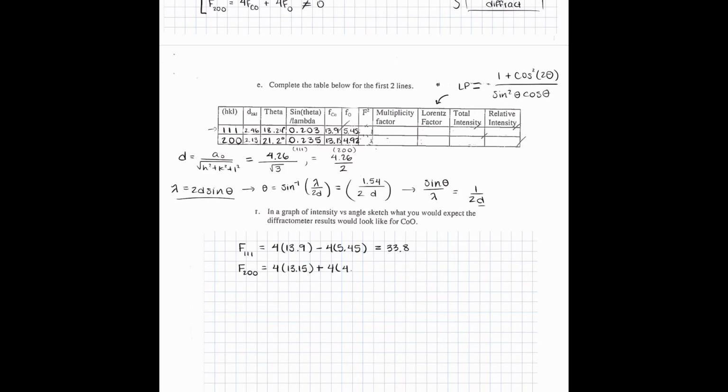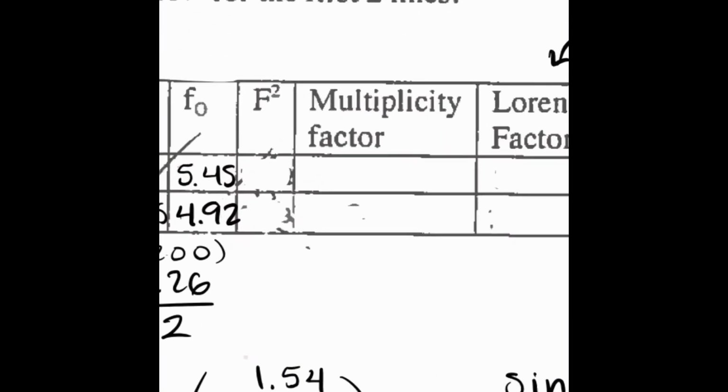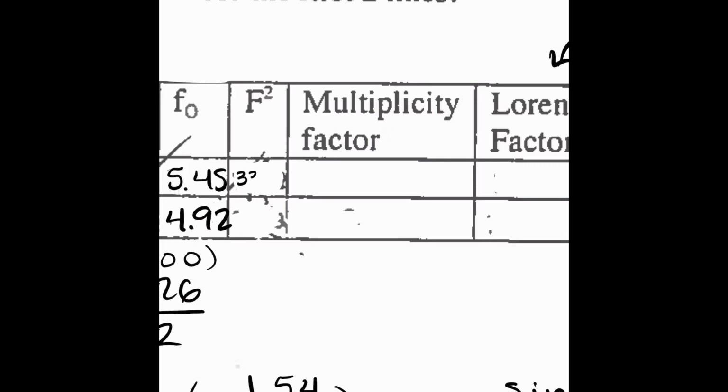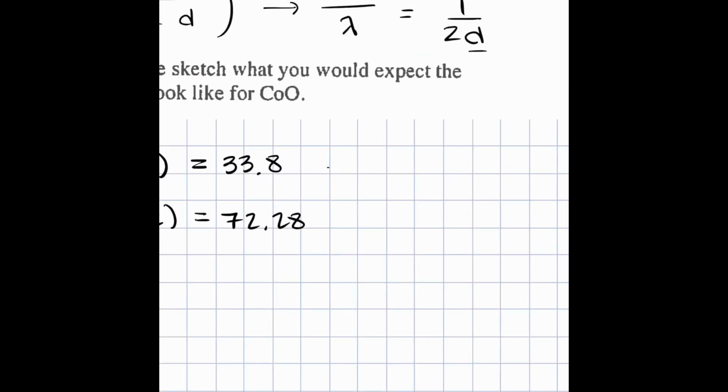Plus 4 times 4.92 equals 72.28. Oh, I'm sorry. That's not right. These are all of our F's, so we're going to go ahead and square them.